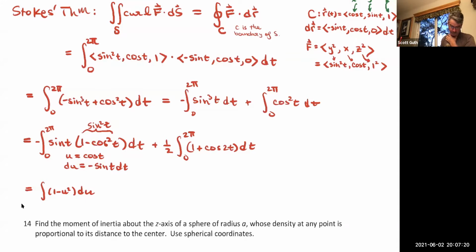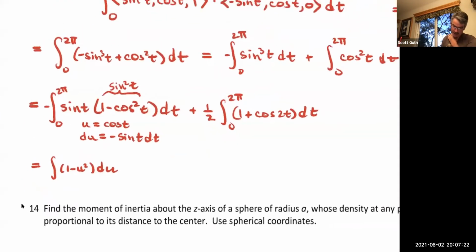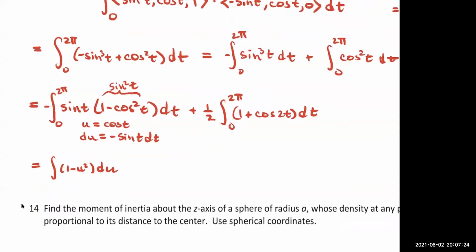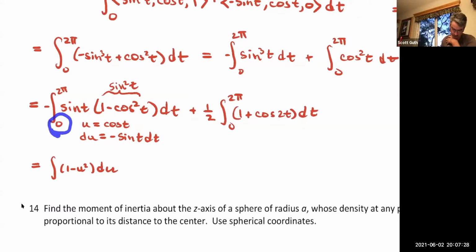What's interesting is that if you look at the limits, when t is 0, u is cosine of 0, which is 1. So the lower limit becomes a 1. And now on the upper limit, t is 2 pi, u will be cosine of 2 pi, which is also 1.